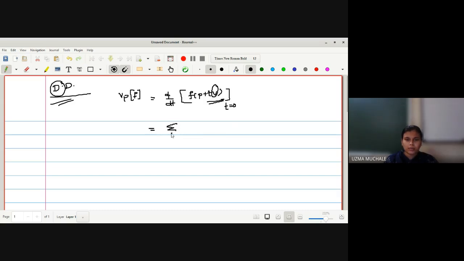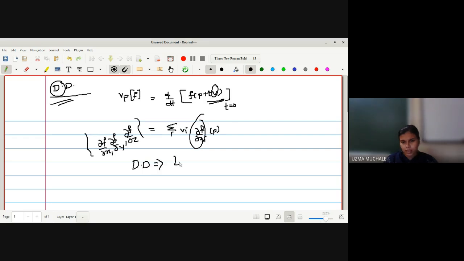Another formula for this is the summation over i of v_i times ∂f/∂x_i at the point P. What do we mean by ∂f/∂x_i? It is nothing but ∂f/∂x, ∂f/∂y, and ∂f/∂z. These are the partial derivatives, which ensure that the directional derivative is a linear combination of the partial derivatives.